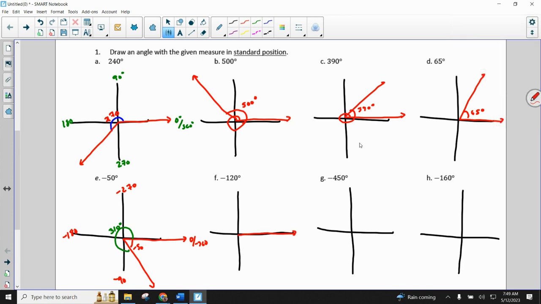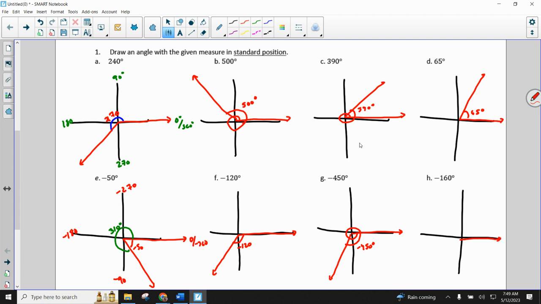Initial, negative 90, negative 120, and here somewhere. Initial, negative 360, still leaves us another negative 110 to go, so there's negative 90, and we need to get some kind of extra 20 in there, so we're at negative 450.